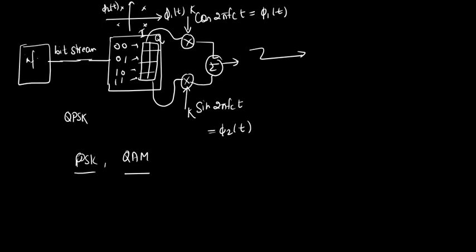This is called the general QAM or PSK transmitter architecture. Just look at this value. A transmitter diagram. This is the transmitter for any PSK or QAM scheme, right?